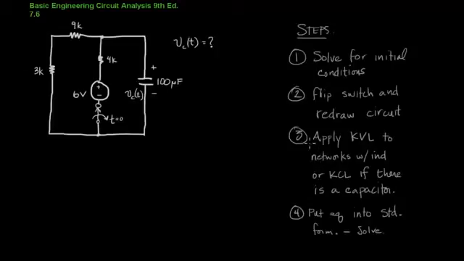And then, this is not a hard rule, but it makes things easier if you apply KVL to networks with inductors or KCL to networks that have a capacitor in them. And finally, we'll put the equation into a standard form and then solve it using those two standard form solutions that I showed in the previous text.